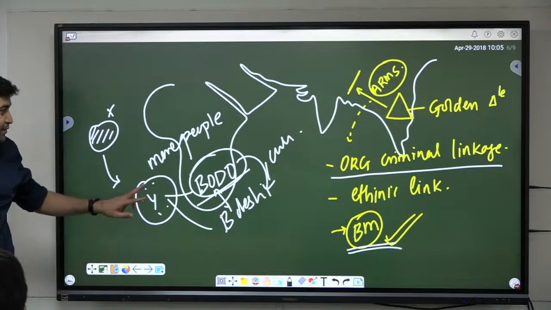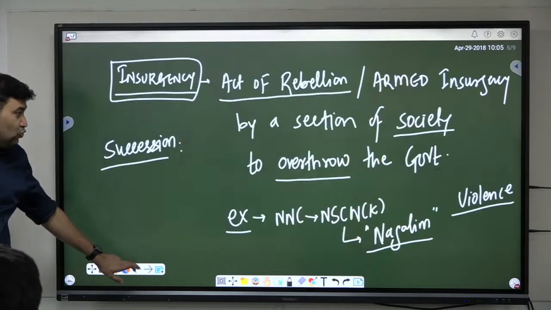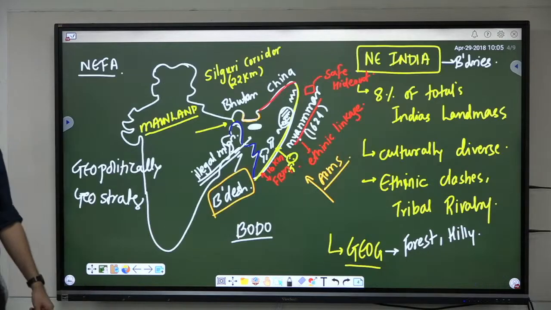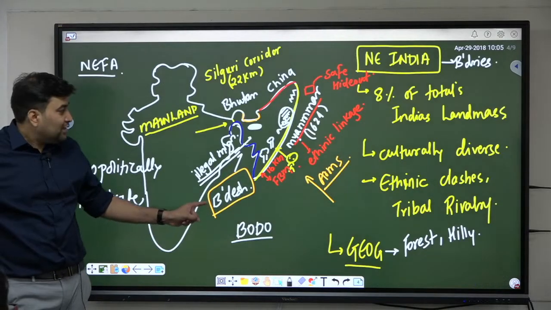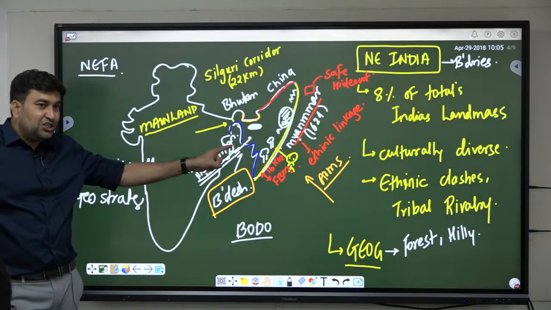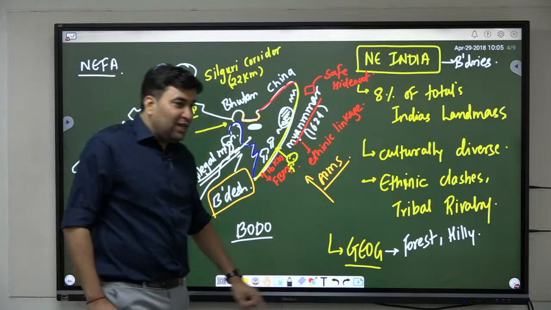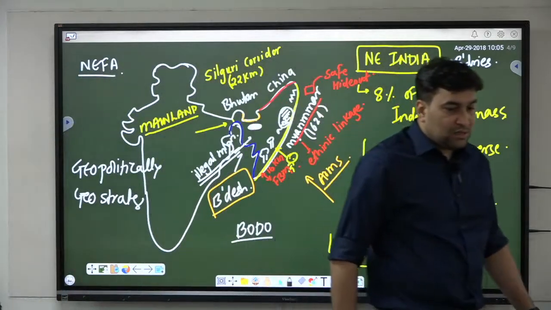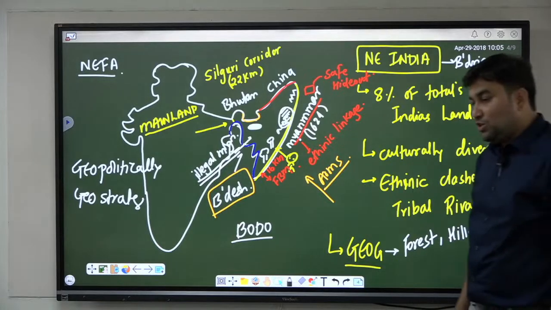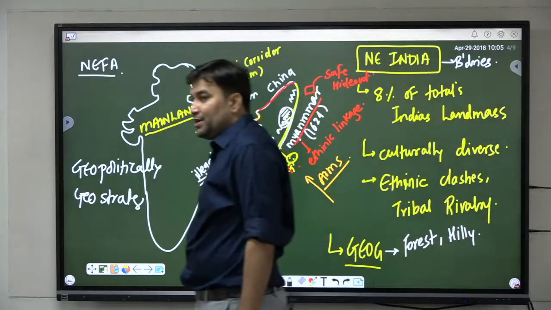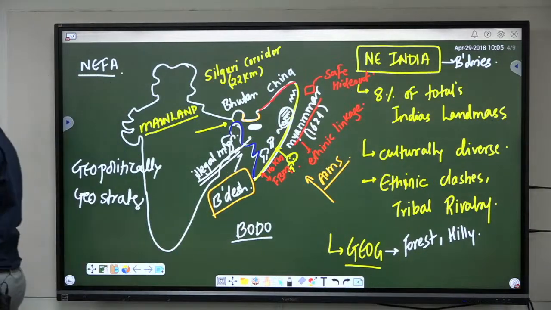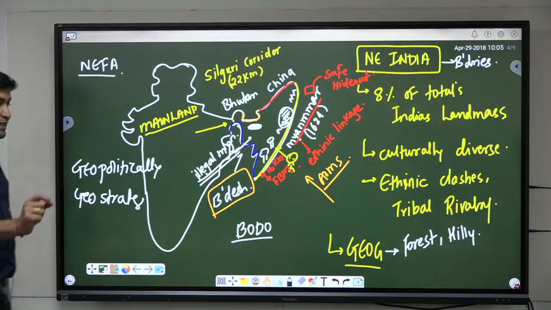Okay, next, the most important one: due to infiltration of illegal immigrants and change in demography.